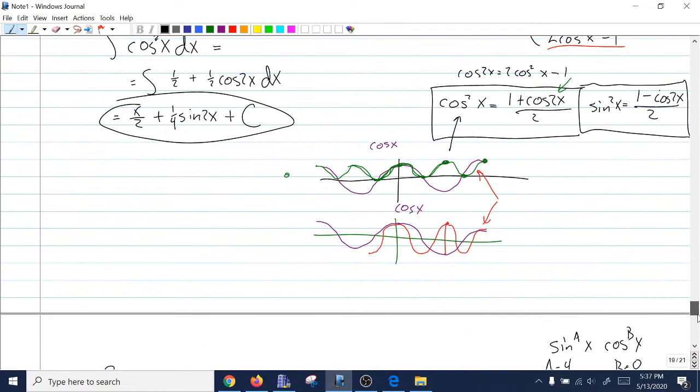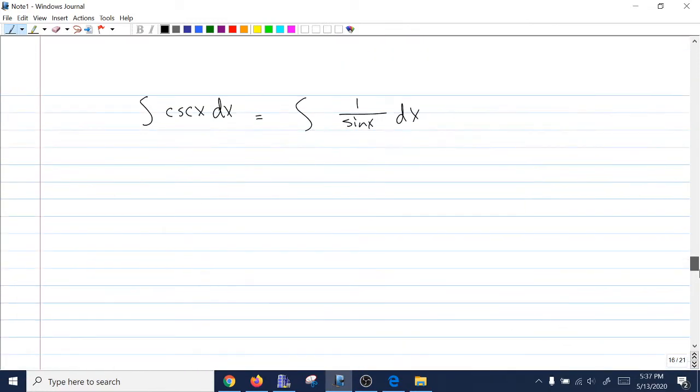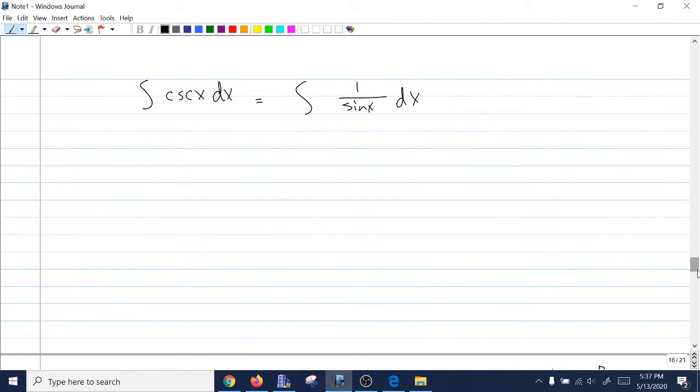I paused to go do that before coming back to integrate cosecant again, because that trick works on this. I can look at this and think of it as sine x to the -1, and -1 is an odd number, so that should be good news for my ability to integrate that. But I want to peel off one sine x to stick with the dx.